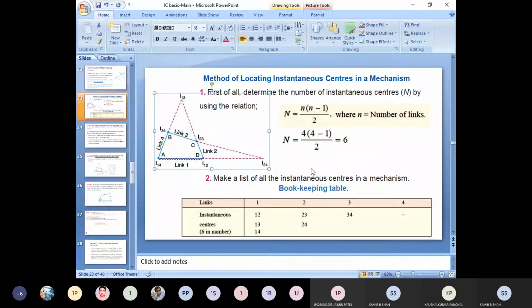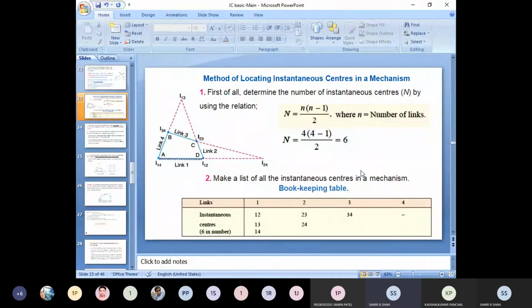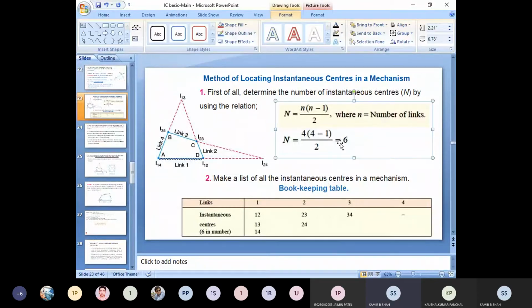As you see here, we are talking about the four-bar chain mechanism. So based on that, we create the 6 IC centers, and we accommodate them on that.